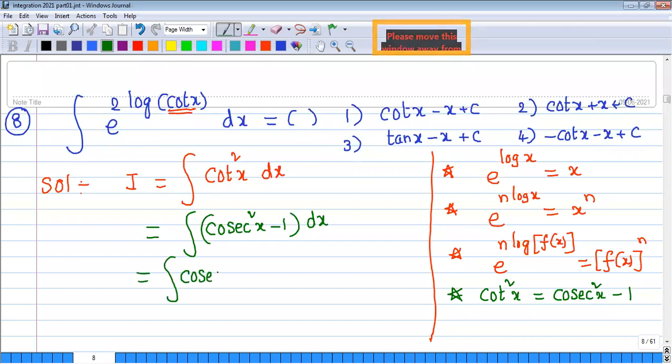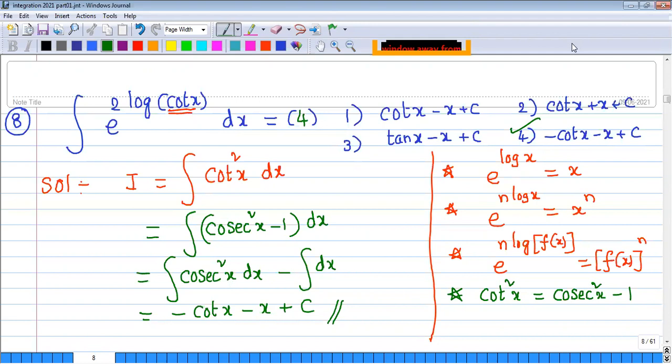Integral cosecant square x dx minus integral of dx. This is minus cot x minus x plus constant of integration. This is the answer.